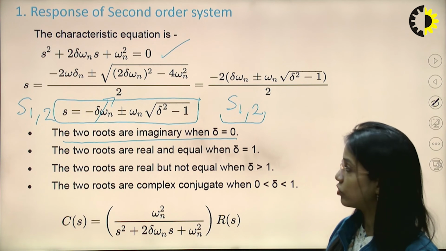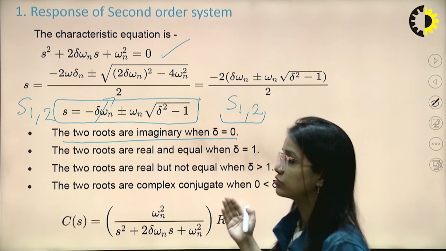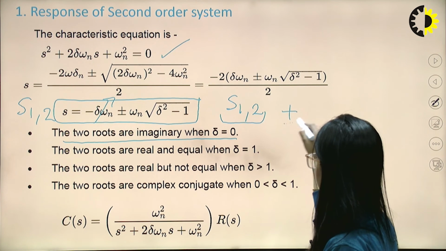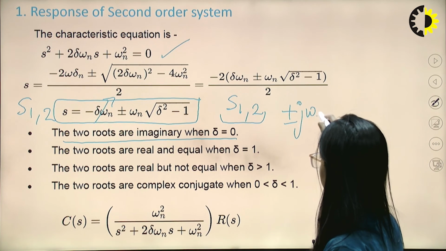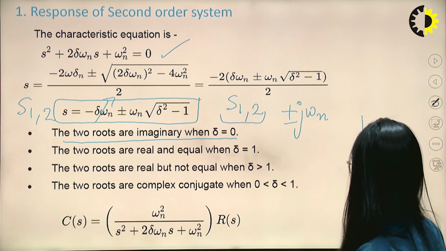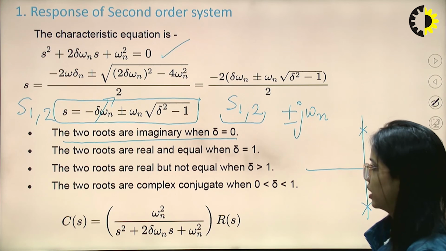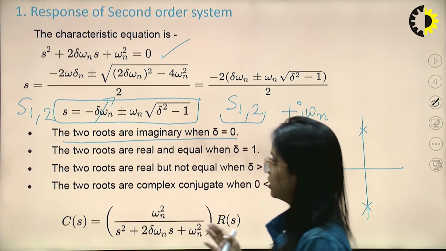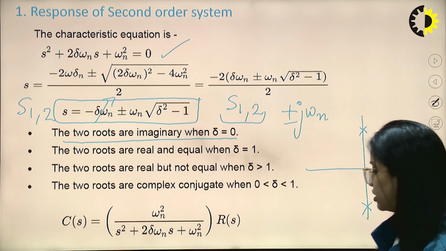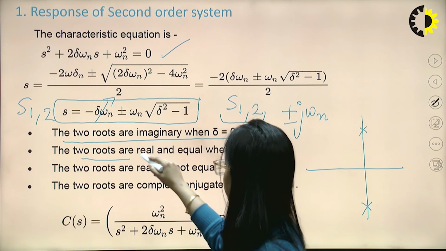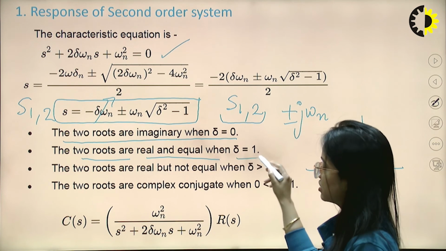So we will have the value as plus minus j omega n. So these are the imaginary values. This is also a case where the system is marginally stable.